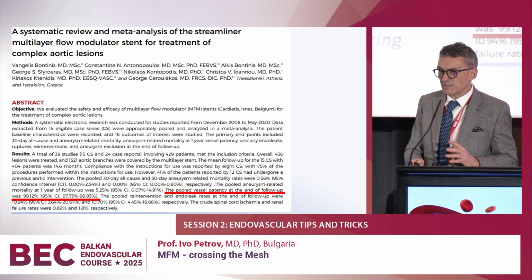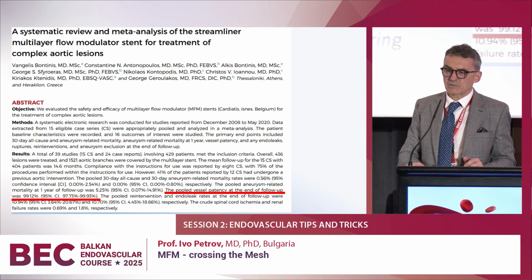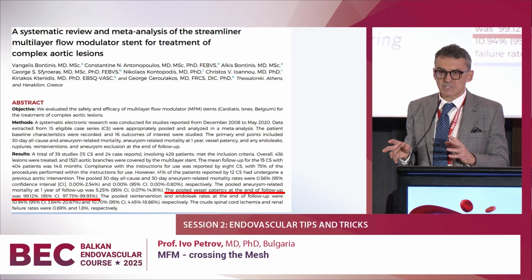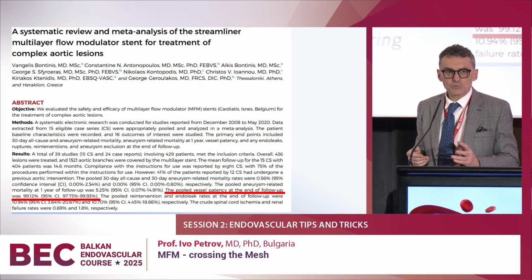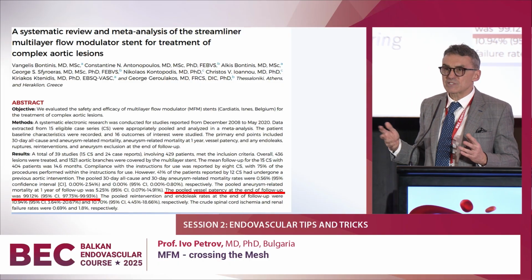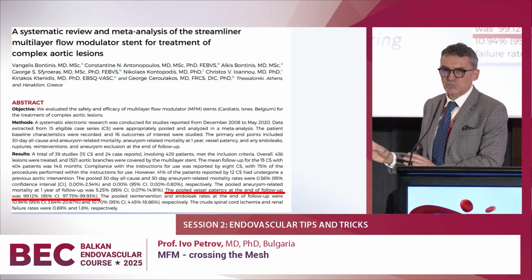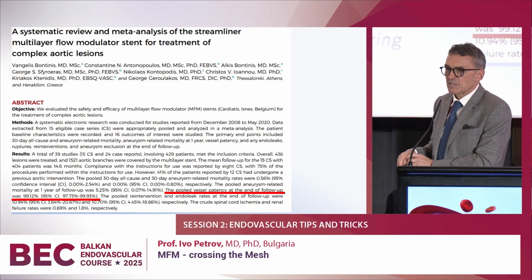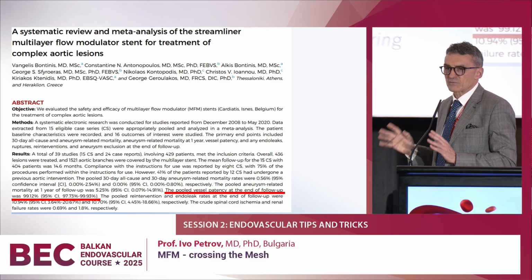And in fact, the bench tests were showing that the side branches stay open for all the cases in which there is no additional disease. So in case the patient stays without additional atherosclerotic disease, the branches don't suffer any reduction of the flow.